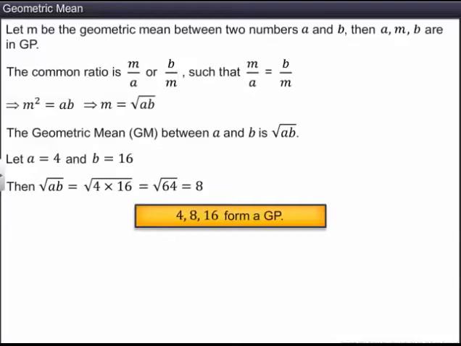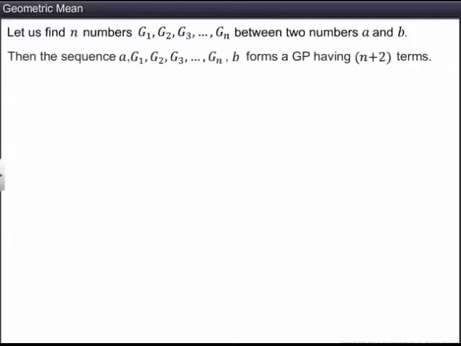Let us find n numbers g1, g2, g3 and so on up to gn between any two given numbers a and b. On inserting these numbers, the resulting sequence a, g1, g2, g3, so on up to gn and b forms a GP having n plus 2 terms.